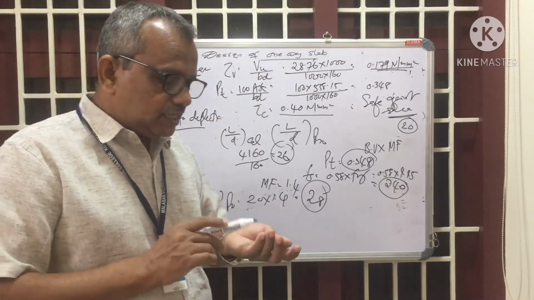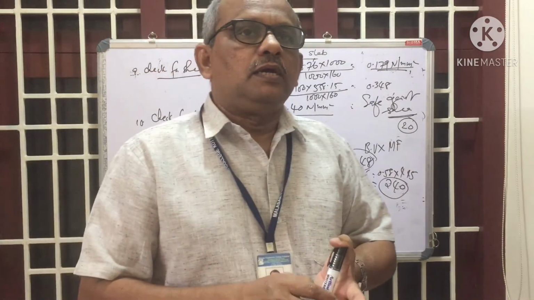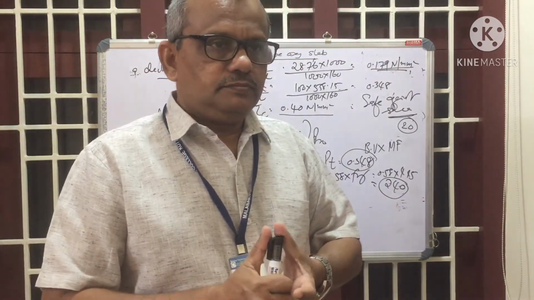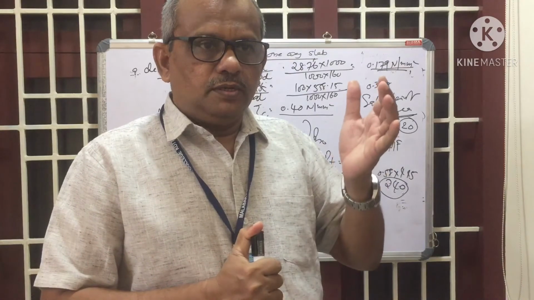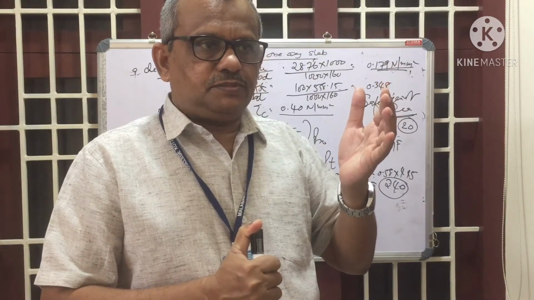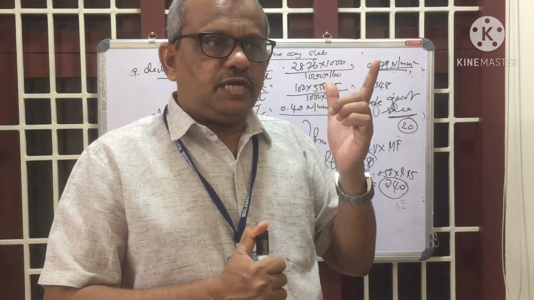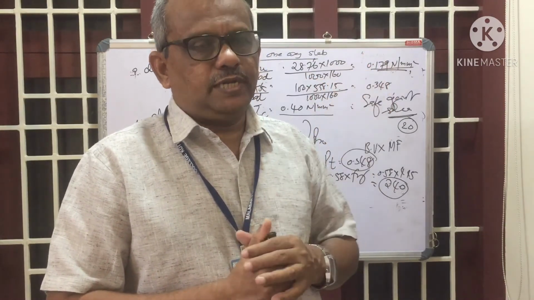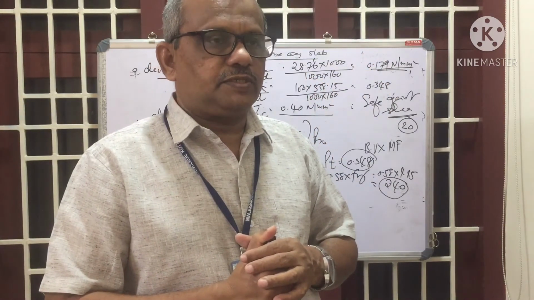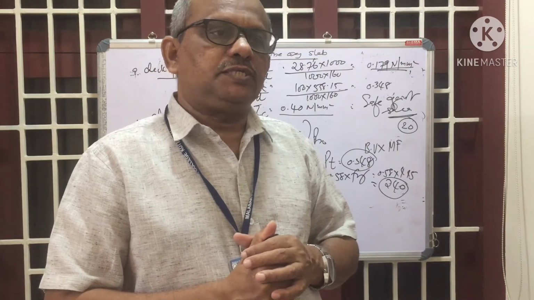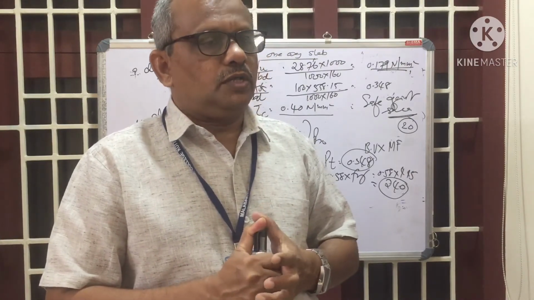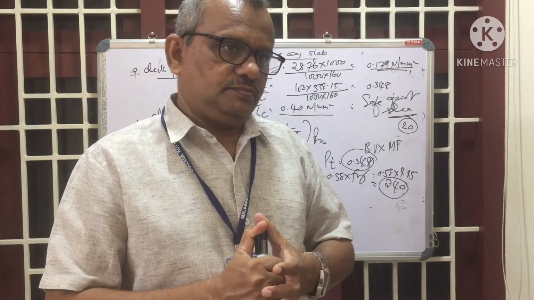So these are the 10 steps to design a one-way slab. I think all of you remember the steps. The first step, select the type of the slab, whether it is a one-way slab or two-way slab, as per the ratio Ly by Lx, whether it is greater than 2 or less than or equal to 2.